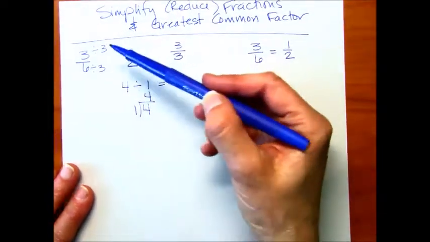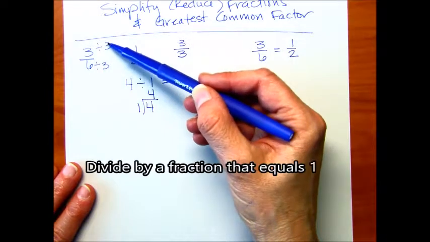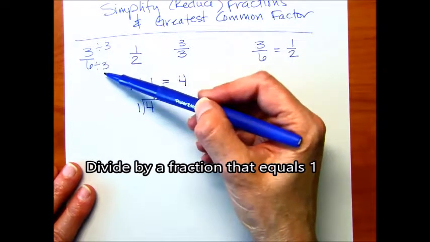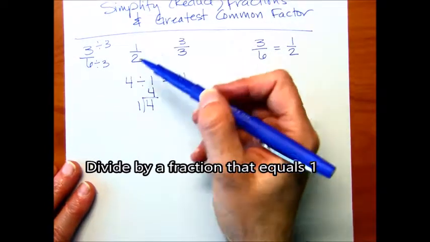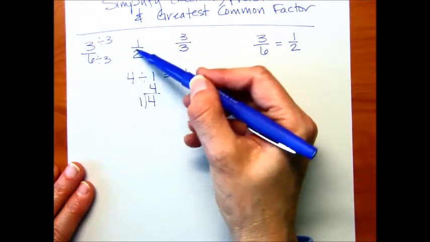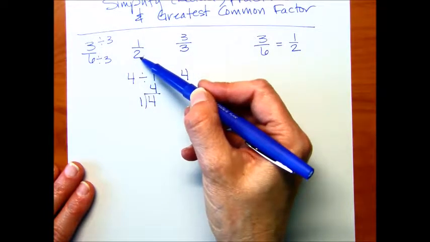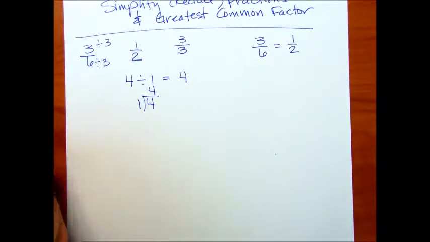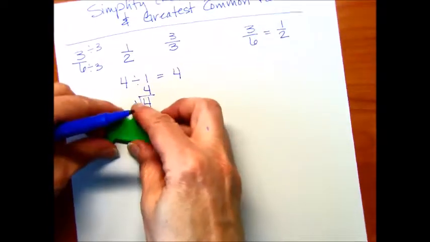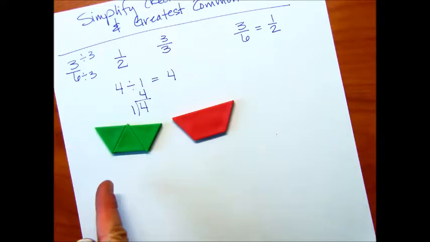So by dividing by a common factor, you're not really changing this number. I mean to say it this way: the numbers look different than here, but the value or the amount that it represents is the same. Just like when we had the 3 triangles and the trapezoid, the shapes look the same.